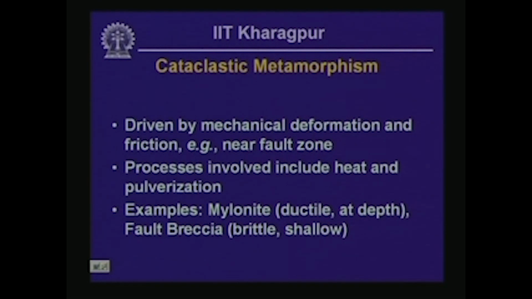The other type of metamorphism is cataclastic metamorphism. This particular type of metamorphism occurs near the fault zones, and that is because of the deformation, breakage because of friction, and welding because of elevated heat that is generated because of the movement of the fault.